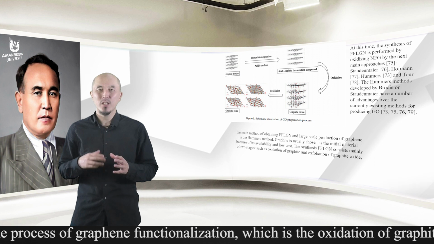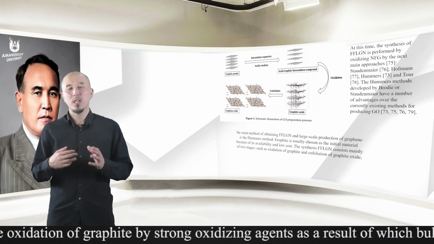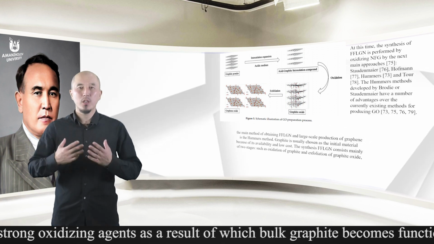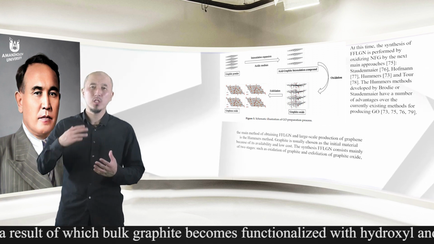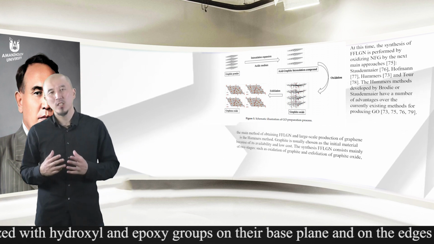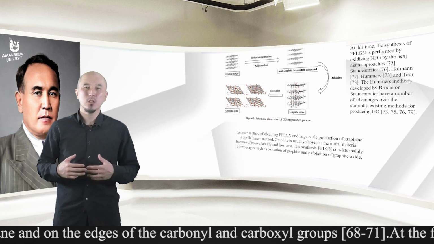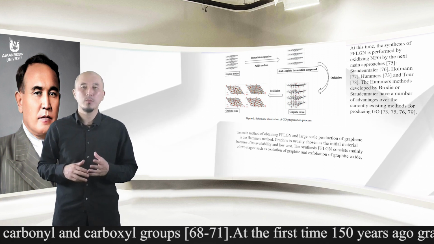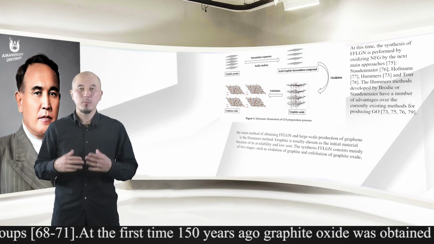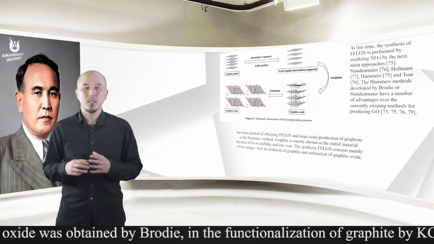Above, we indicated that one of the important points in the production of graphene-like materials is the process of graphene functionalization, which is the oxidation of graphite by strong oxidizing agents, as a result of which bulk graphite becomes functionalized with hydroxyl and epoxy groups on their base plane and on the edges carbonyl and carboxyl groups.